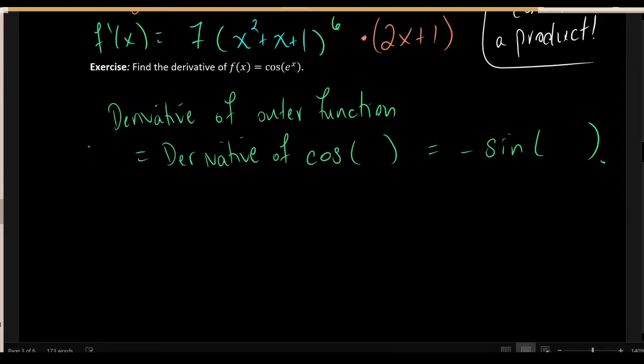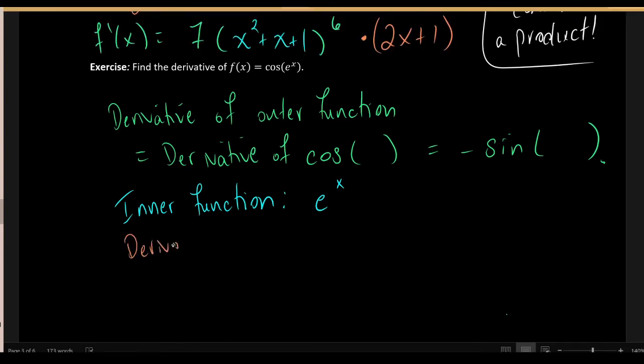What's our inner function? What function is taking the place where x would normally be? The inner function is e to the x, and the derivative of the inner function is likewise e to the x.